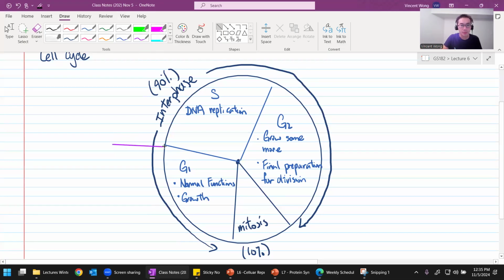Now over here, we have to add what we call a G1 checkpoint. Okay. These checkpoints are important because before you allow the cell to copy its DNA, there is like a checklist that you have to go through to make sure the cell is ready for this next stage. For example, you need to check the DNA quality.